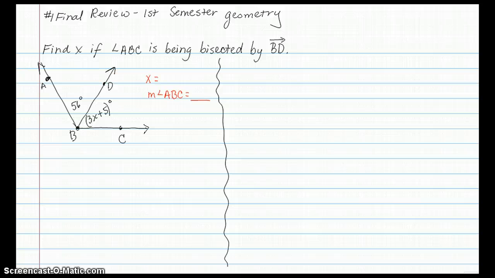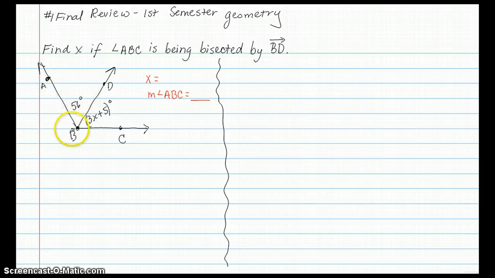Okay, continuing on, we're going to find x, the variable x, if angle ABC is being bisected by ray BD. So here's angle ABC, ray BD is bisecting, and all that means is it's splitting the angle into two equal parts.